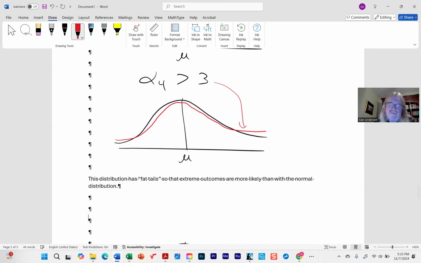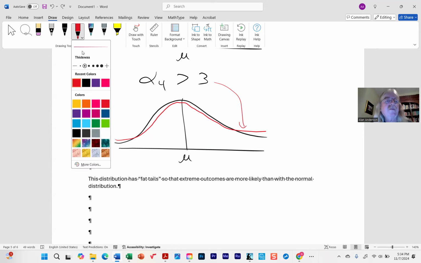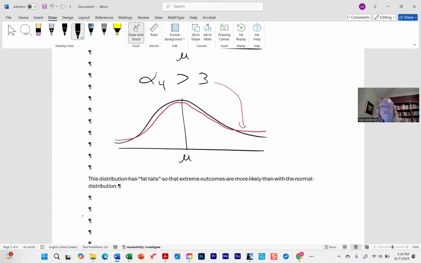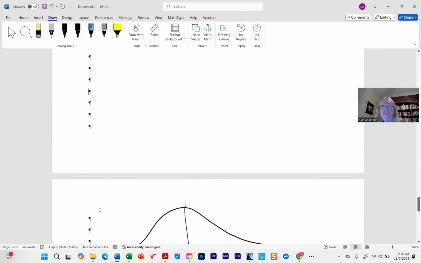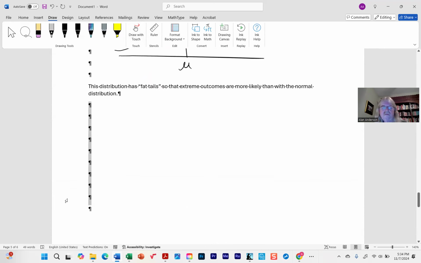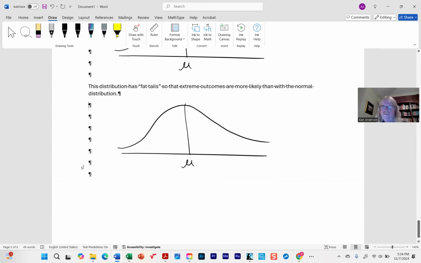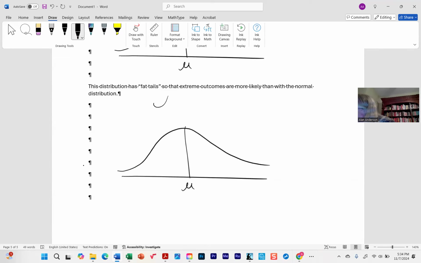But then we have the other extreme. Less than 3 just means the opposite. So you're going to have skinny tails, they're called.